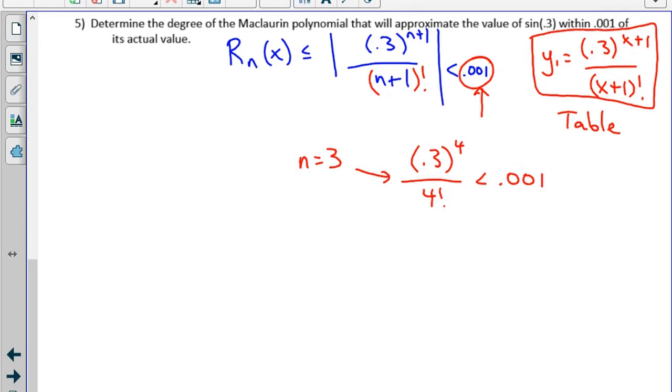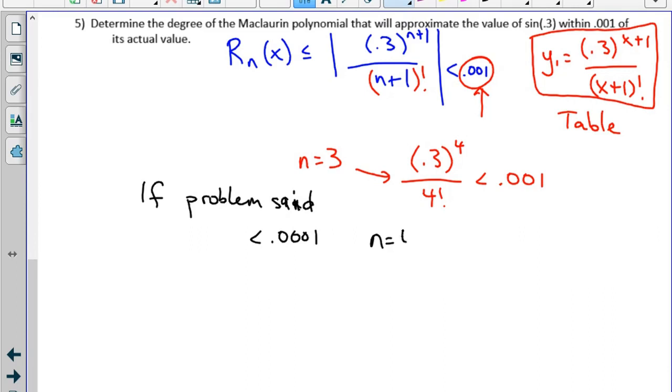Now, if the problem said that it has to be less than 0.0001, you have to really be careful because n equals 4 would work. If I type in 0.3 to the 5th over 5 factorial, that is less than 0.0001.